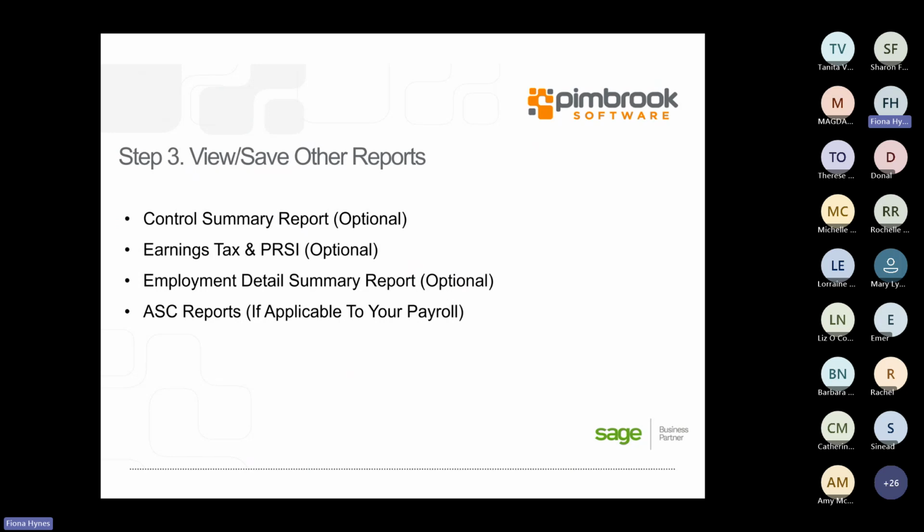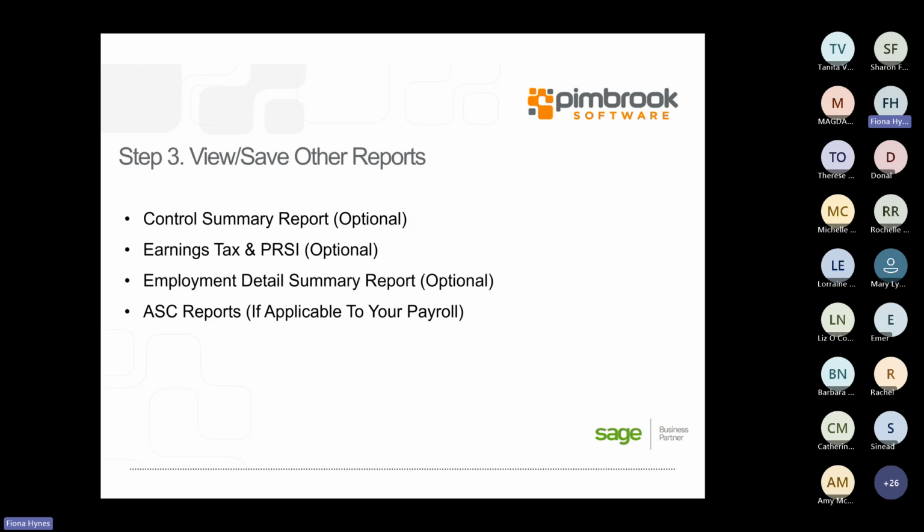You can select the PDF option and save them to the year-end folder you created earlier. The reports that you can run are the control summary, which we've just done, the earnings, tax and PRSI, the employment details summary report, and the ASC reports if it is applicable to your payroll.